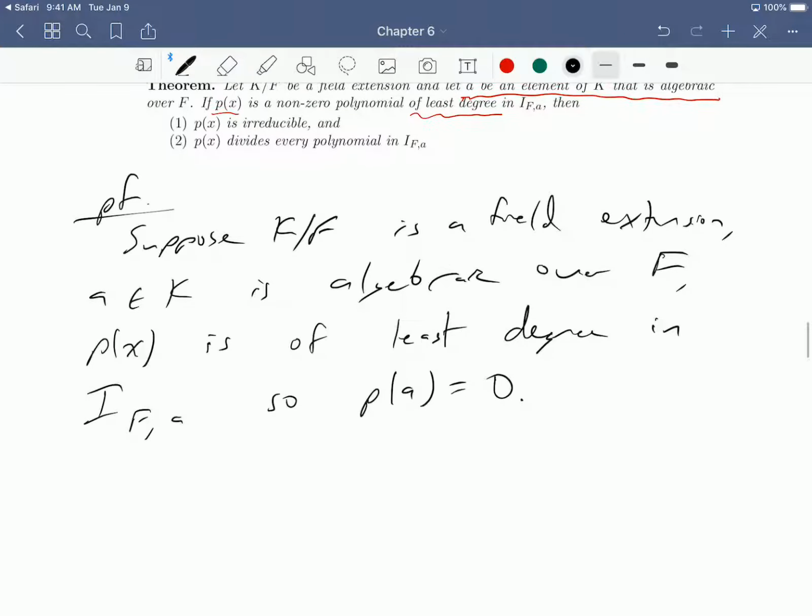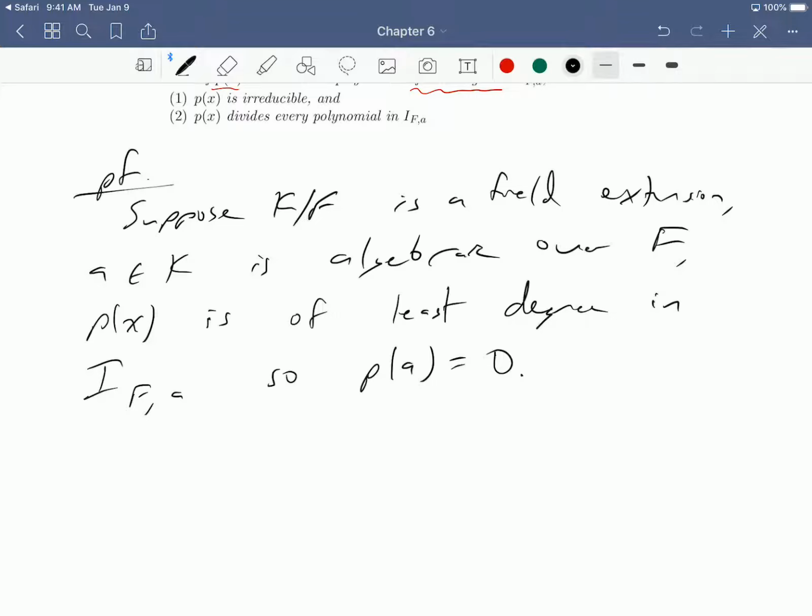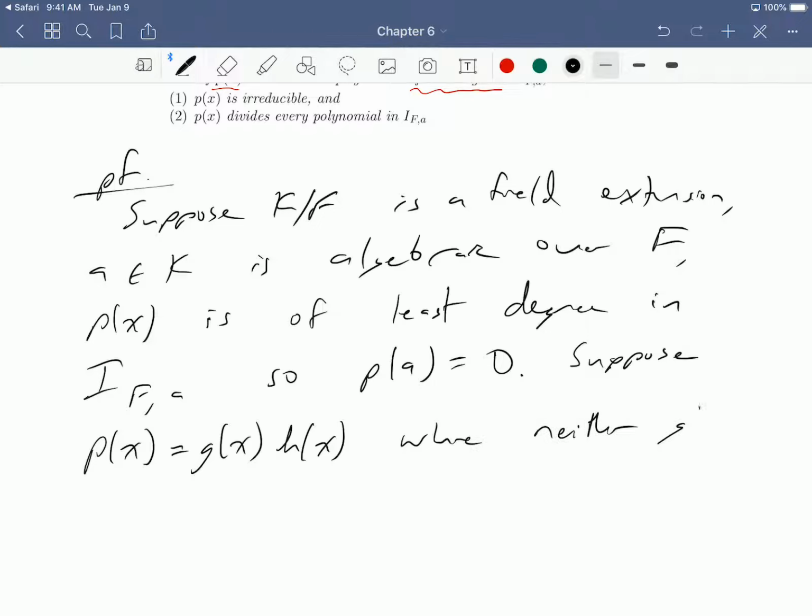All right, so we're going to try first to show that p is irreducible. So we're going to say, suppose p of x is equal to g of x times h of x, where neither g nor h of x is degree 0.